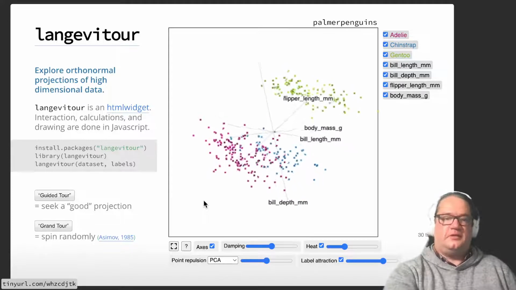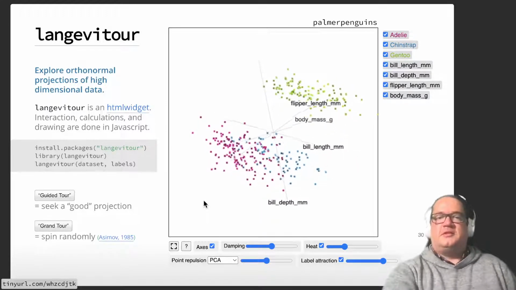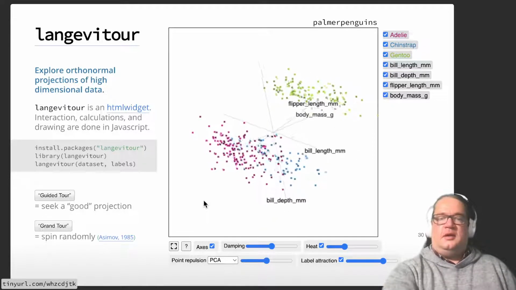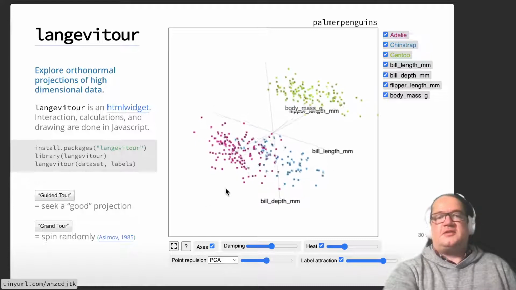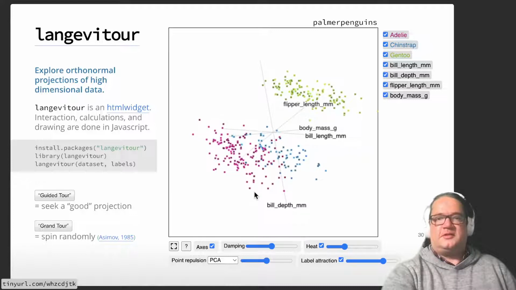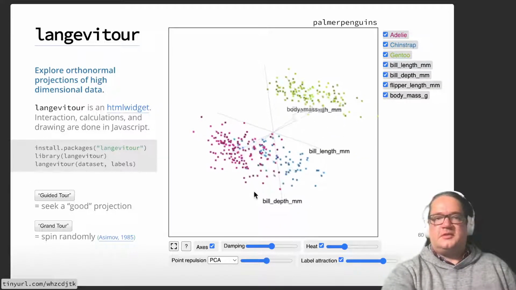I've got some sorts of guided tours already implemented, but there's a lot of space to implement more of them. And it never quite settles down to a particular projection. There's always a little bit of movement, and that's giving you a bit of information about all the dimensions of the data.